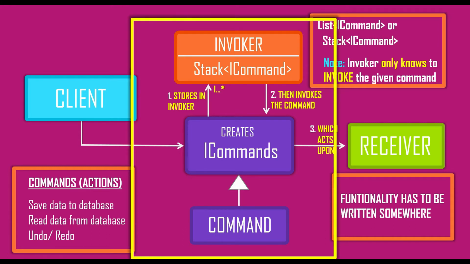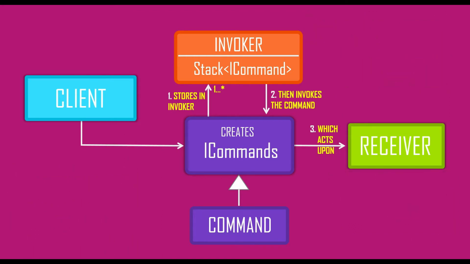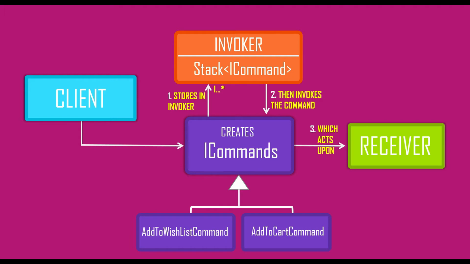So if I have to tell you the heart of the command pattern, then this would be this part. Of course, only this part doesn't make sense, but if you understand this, then you can say that you understood the command pattern. So now let's translate this diagram to our shopping cart requirement. This command will change to our concrete commands that will be perhaps add book to wishlist command and add book to cart command.